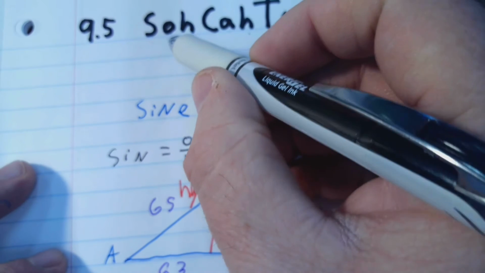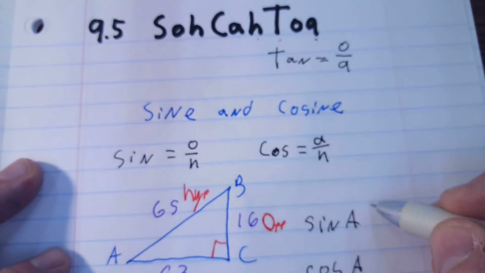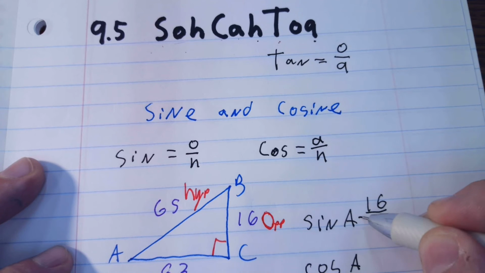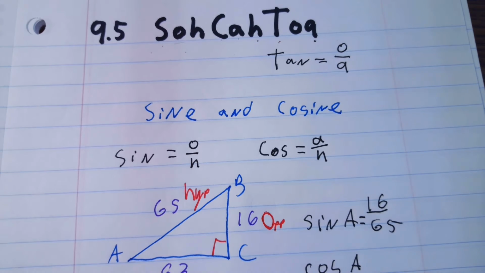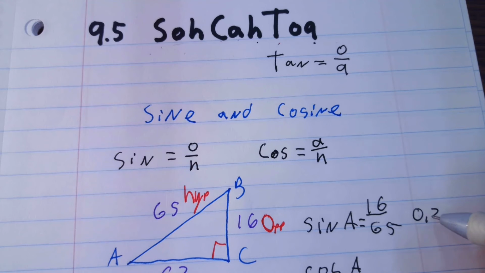Okay, so now that I did all that talking, let's look here. Sine is opposite over hypotenuse. 16 over 65. 16 divided by 65 is going to be 0.2462.